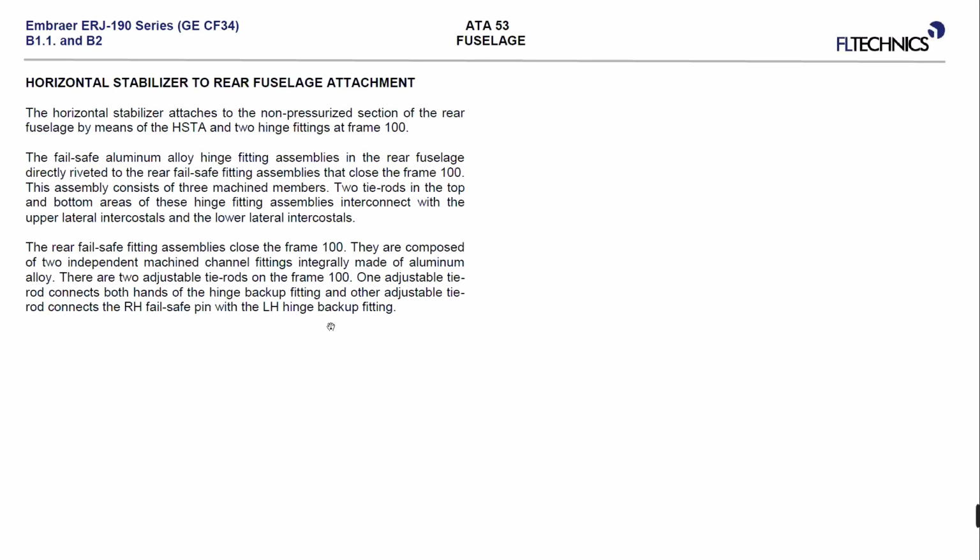When you talk about the horizontal stabilizer, we have fail-safe aluminum alloy hinge fitting assemblies in the rear fuselage, which are directly riveted to this rear fail-safe fitting, close to frame 100. We have 2 tie rods on the top, which are connecting with the intercostals, and we have adjustable tie rod, which connects both sides of this hinge here.